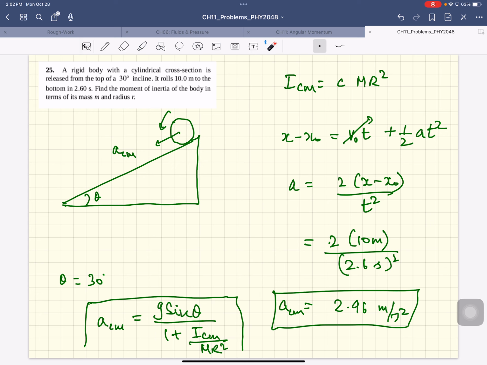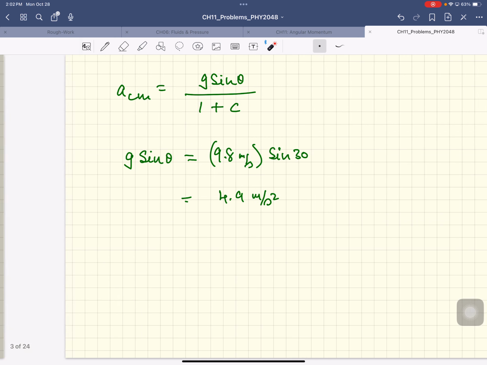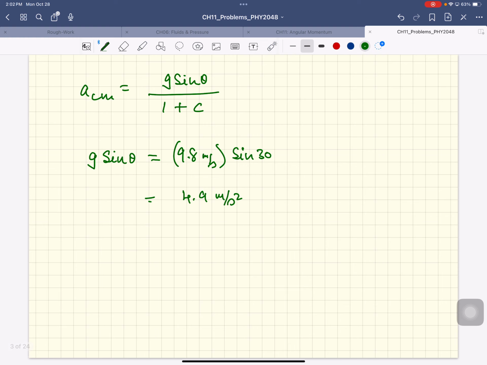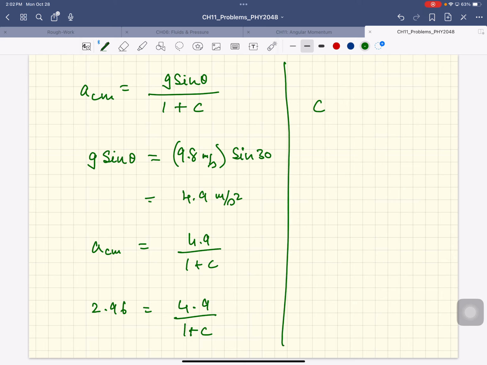So this object is sliding down at about 3 meters per second squared.